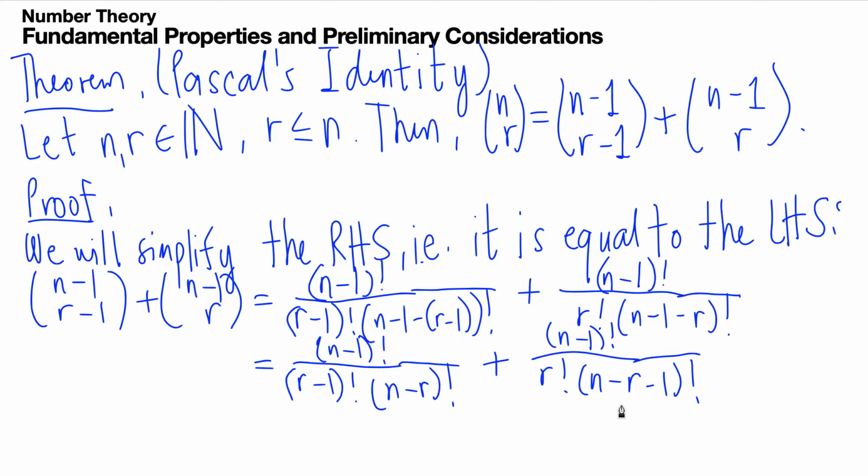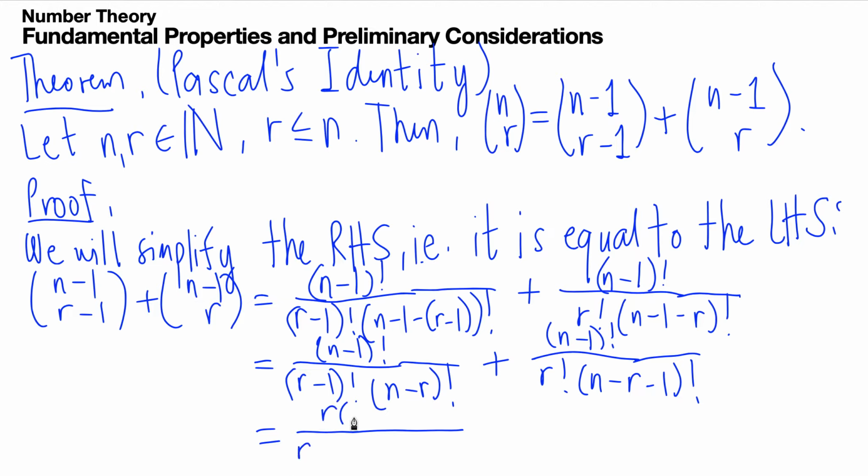Okay, so next up is that we're going to introduce or find the LCD of these two terms. And if we do that, we need an additional r in this first term, and we need one n minus r in this second term. So if we'll do that, what we'll have is, so that'll be r. This is our additional r.